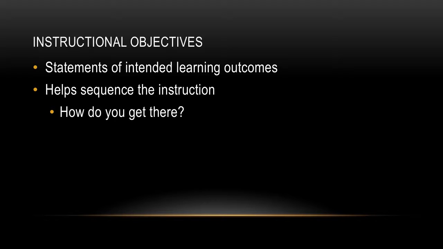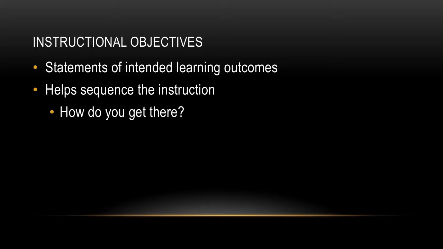Broadly, if you think about a goal, let's say you want to teach people how to make a peanut butter and jelly sandwich, right? A good objective would not be to teach people how to make a peanut butter and jelly sandwich, because that's really dumb. Better objectives would be more granular.